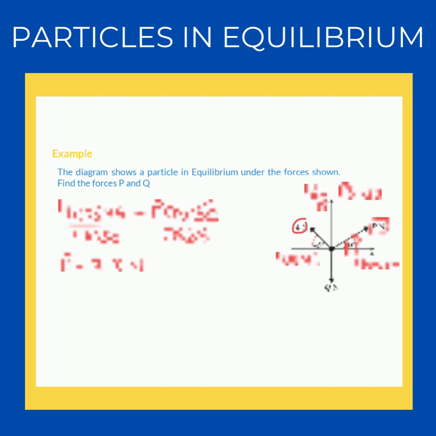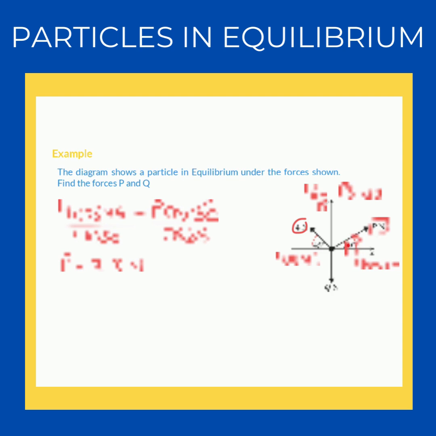Now why is it sine? Because the force P makes an angle, in this case sine of 30, because this angle 30 is the angle that the force P makes with the x-axis. To find the vertical component of force P, we have to apply the sine ratio.